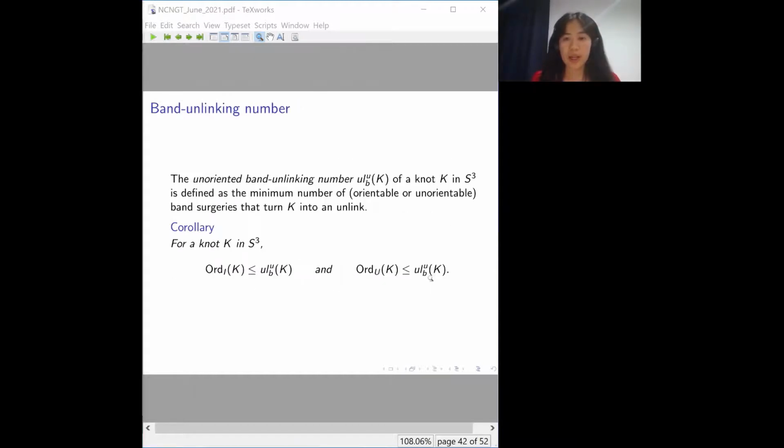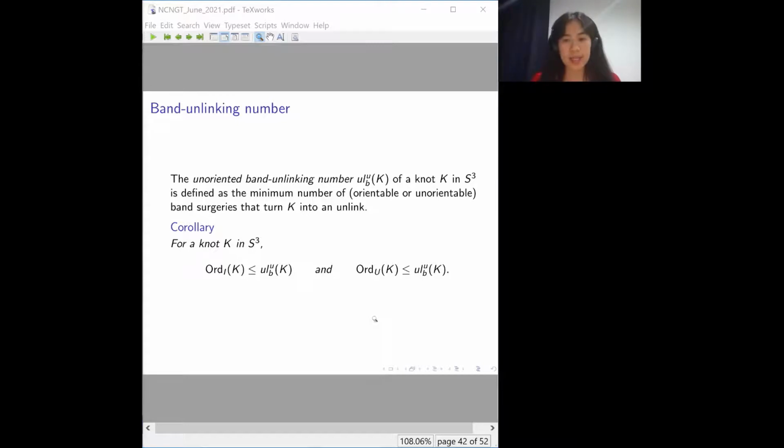Another corollary relates to the band unlinking number. The unoriented band unlinking number of a knot is defined as the minimum number of orientable or non-orientable band surgeries that turn the knot into an unlink. Then from our theorem, we can see that the torsion order also provides a lower bound for the unoriented band unlinking number.